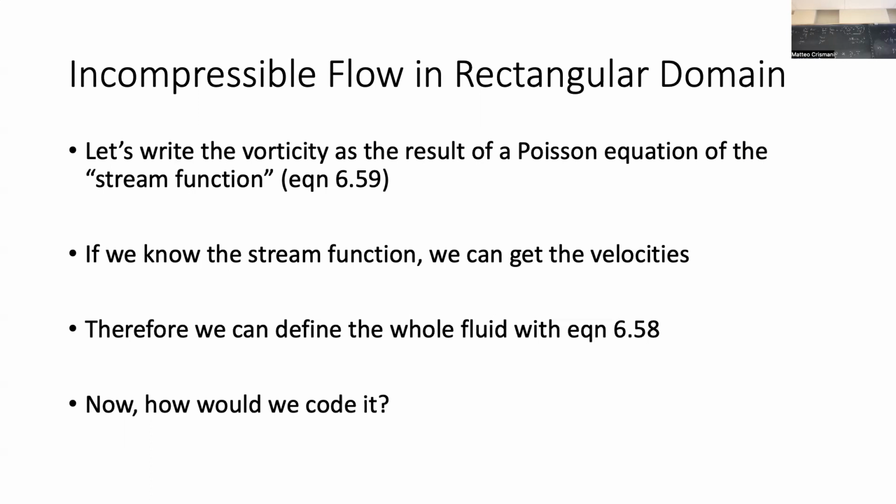Do I need to know what rho is? No. So I need essentially two arrays. I need an array that tells me omega at every location and psi at every location, right?